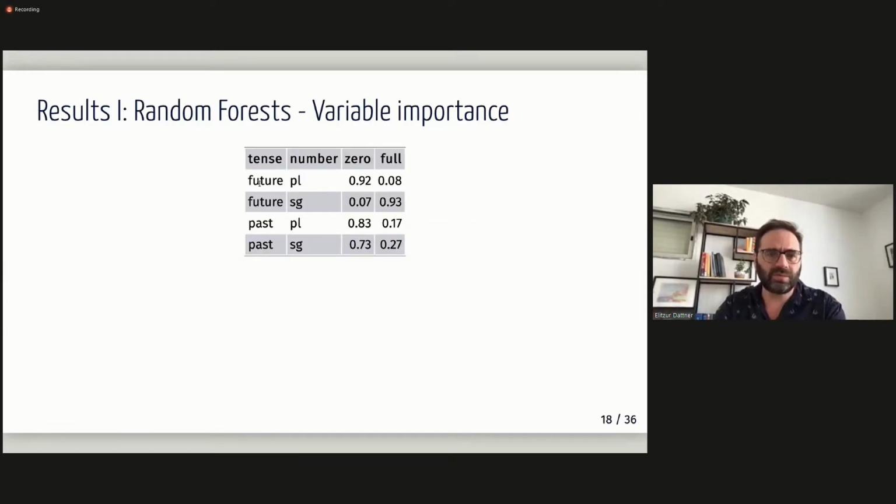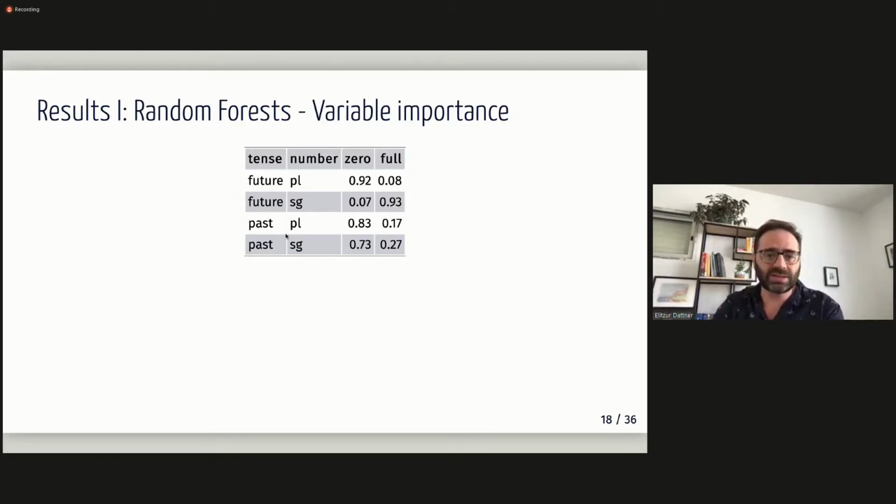And we see that all in all in the corpus, future plural, for example, is realized as 0 90% of the time, and only 0.8 as full pronoun. Future singular, on the other hand, is almost always a full pronominal.